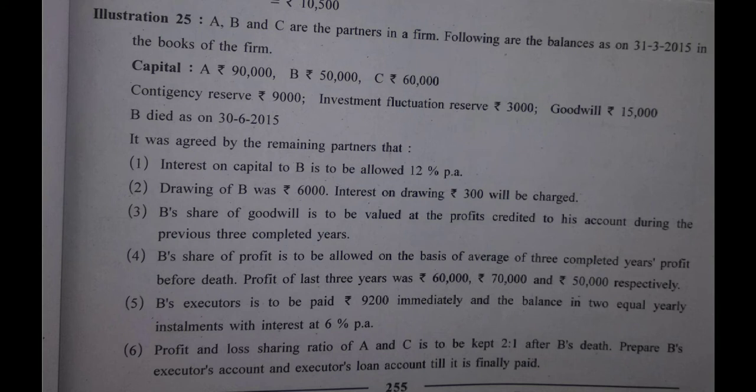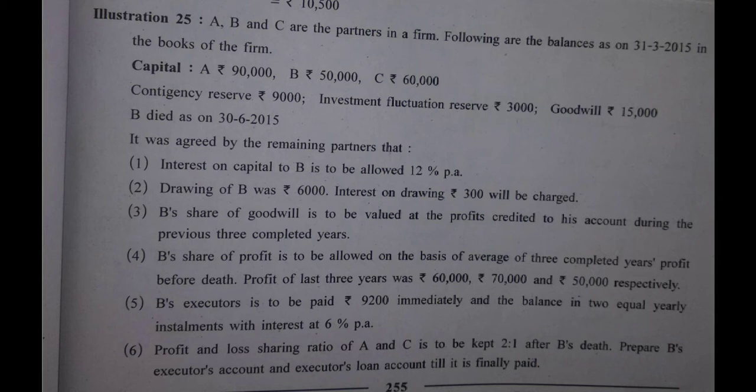Then it is contingency reserve, investment fluctuation reserve and goodwill. Yes, adjustments are given below. The value of goodwill is given before adjustments. This means this is the old value of goodwill. And what do you do with the old value of goodwill? Obviously, you write it off among all the partners in their old ratio.